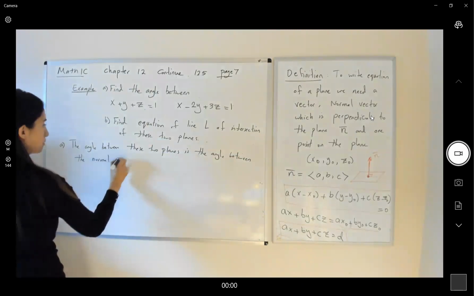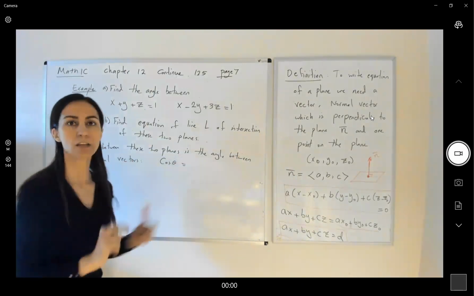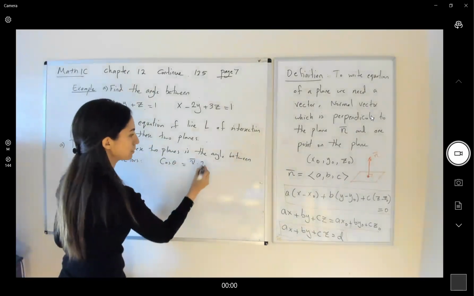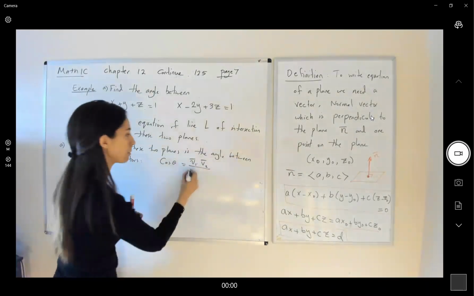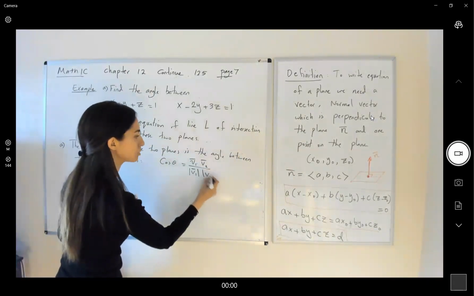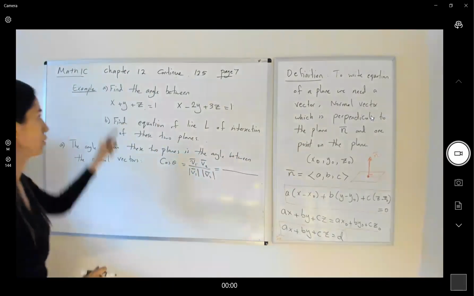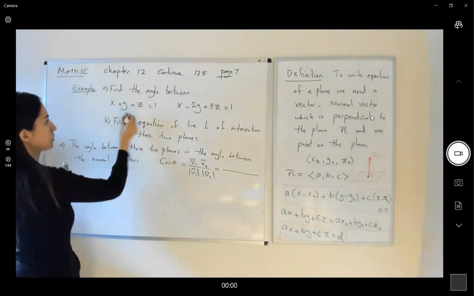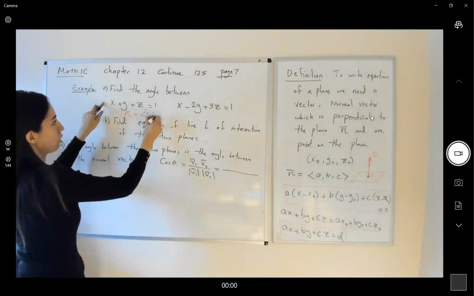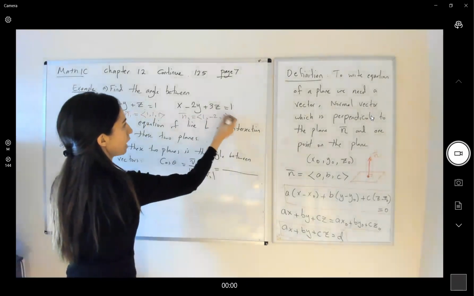You know that cosine theta is defined as the dot product between two vectors, v1 dot v2, divided by the magnitude of the first vector times the magnitude of the second vector. Let's call them n1 and n2 since we are working with planes. n1 is (1, 1, 1), and n2 is (1, -2, 3).